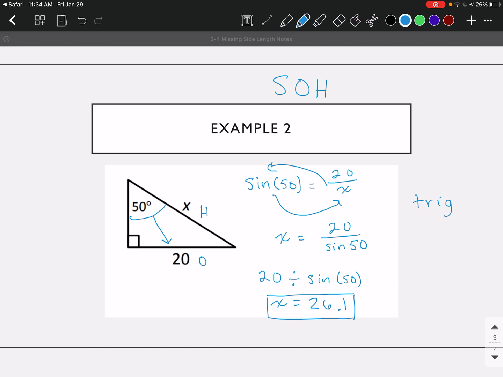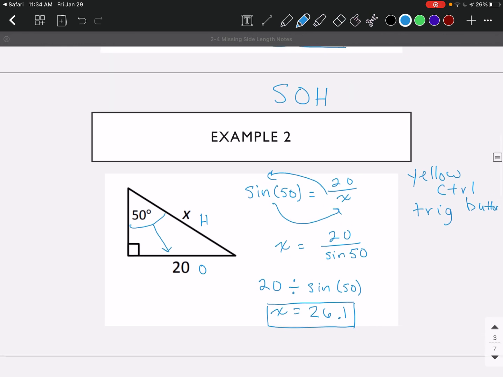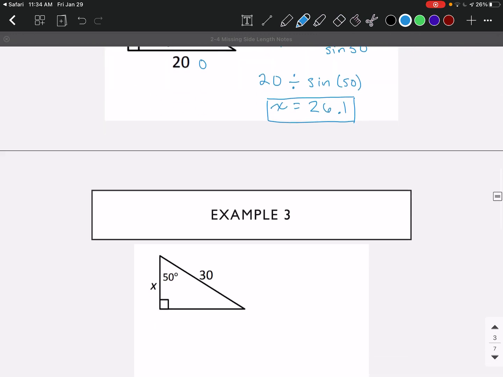On the school calculators, it's right below the yellow control button, next to the equal sign on the left-hand side. So that's another one with sine. There are two different ways we can solve, depending on where the variable is, so we're going to have two examples for each one.